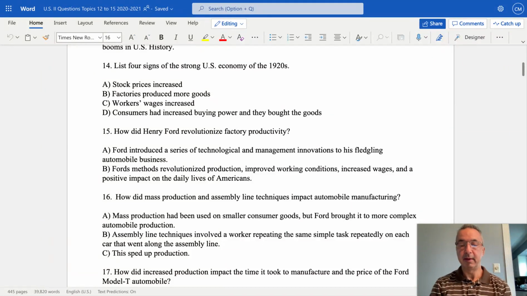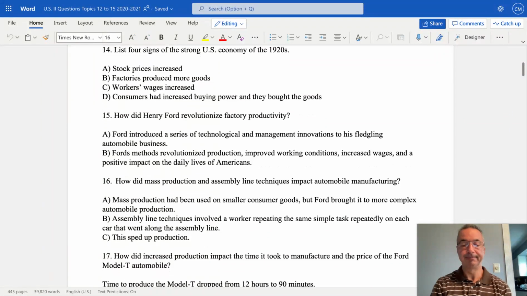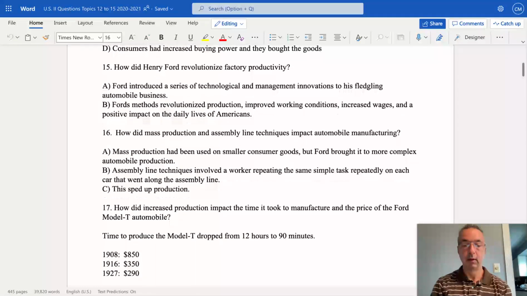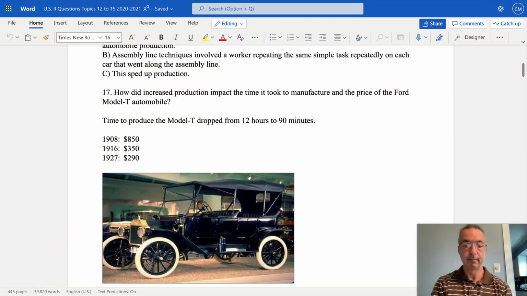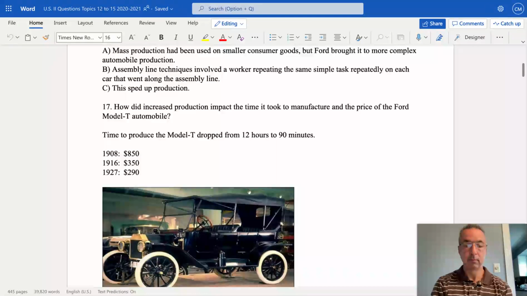The earliest automobile that became affordable for Americans was the Model T. And of course, the Ford automobile company is still around today. We see an image here of the early Ford Model T. So the time to produce the Model T dropped from 12 hours to 90 minutes. In 1908, a car was much more expensive, almost triple the price in 1908 versus 1927.